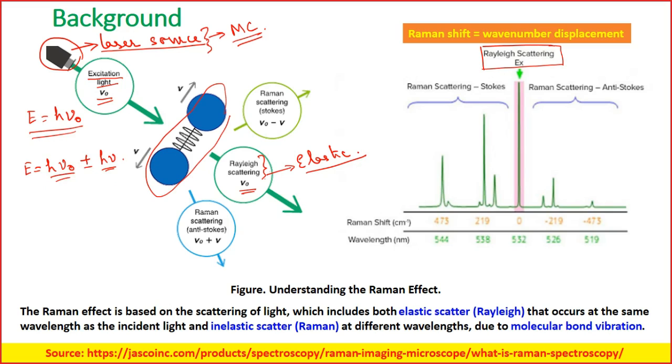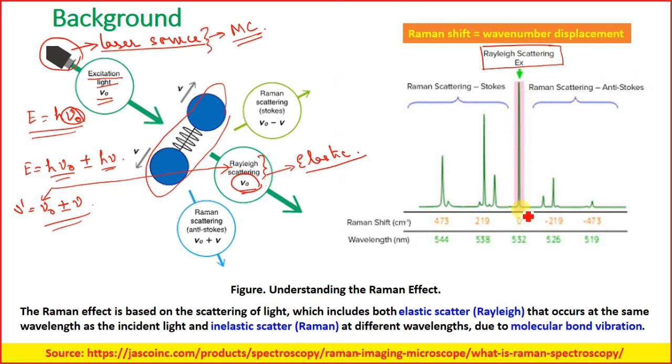So what is happening? For mu 0 we get a frequency, and we will also get some scattered light with frequency mu dash, which will be equal to mu 0 plus or minus mu. But what is mu 0? It is the Rayleigh scattering.